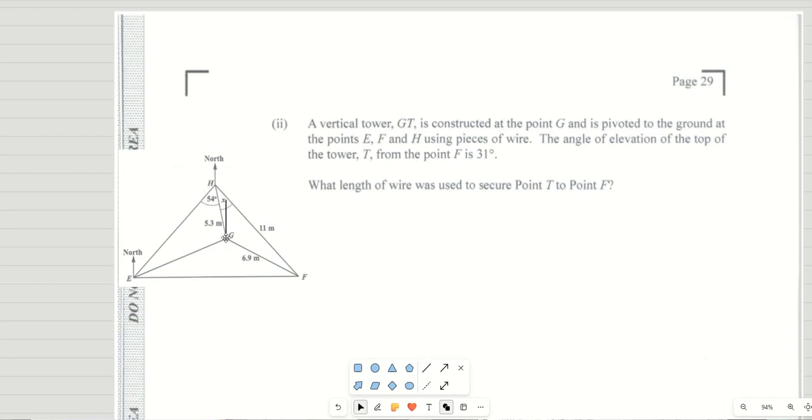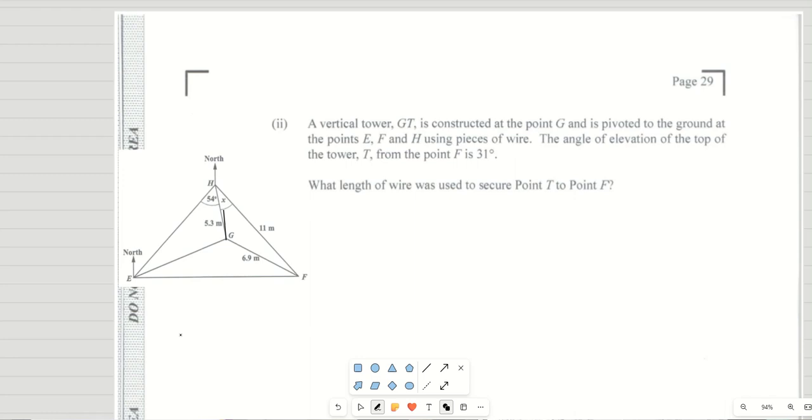I'll just make this straight so that you guys can see it. It is constructed at the point G and is pivoted to the ground at G, at E, F and H, meaning that here we have a triangle and then there's a line going up.